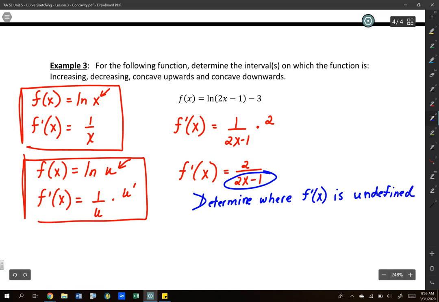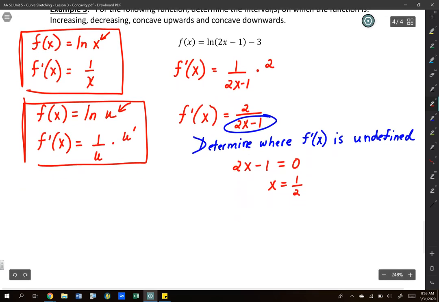So in other words, we're going to take 2x - 1 and set it equal to 0 and see what value would make this equal to 0. 1/2. If I put 1/2 into my denominator, I would get 0 in my denominator, and that would make the function undefined. So the critical value that I have in this case then is just 1/2. All right, we're going to use test values before and after 1/2.